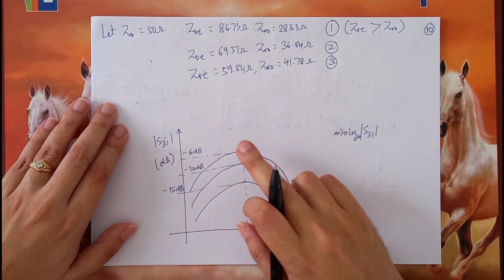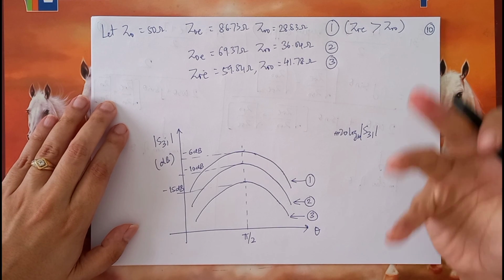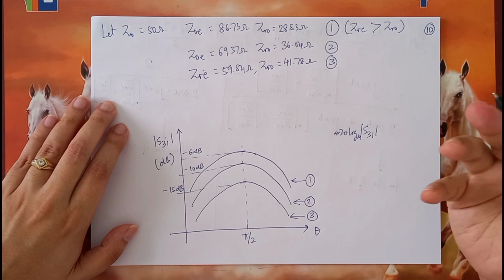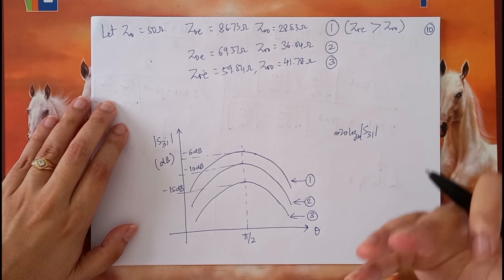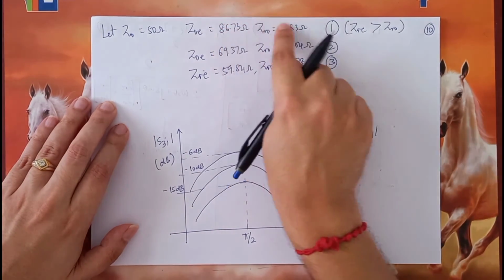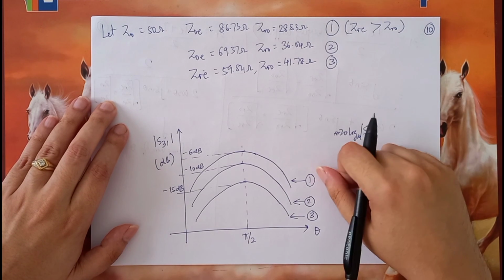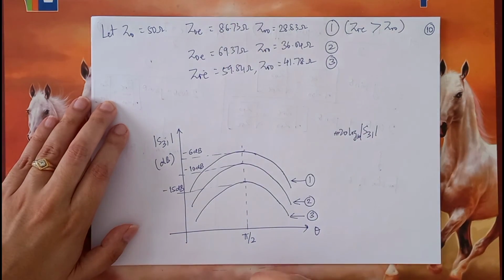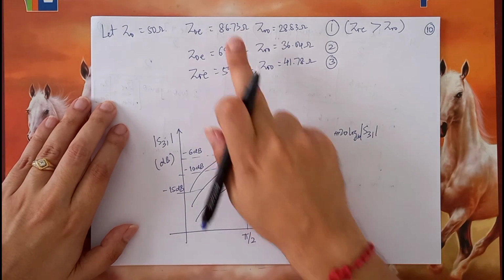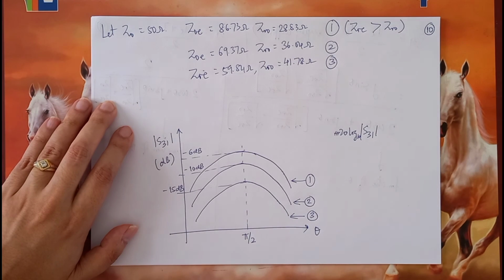So therefore, if you want the coupling to be very tight, that means the induced wave in the second conductor, you want it to have a much higher magnitude, then the values of Z0E and Z0O must be really far apart, as far apart as possible. For example, case 1.